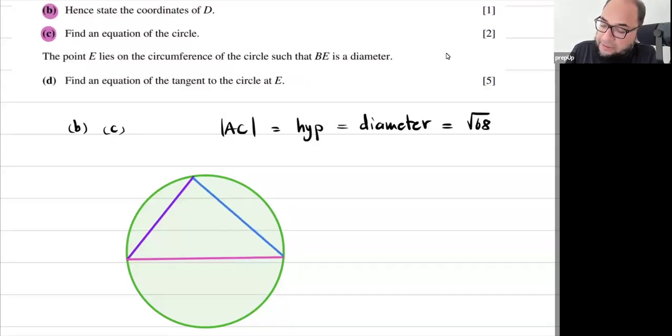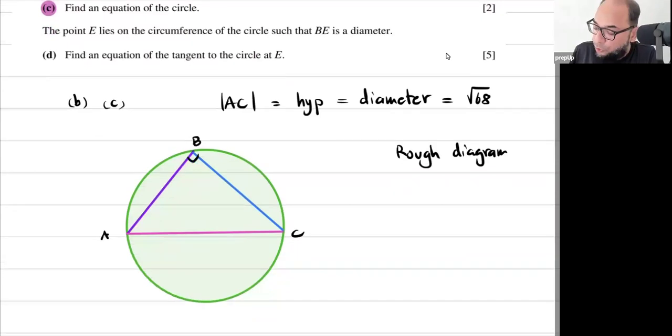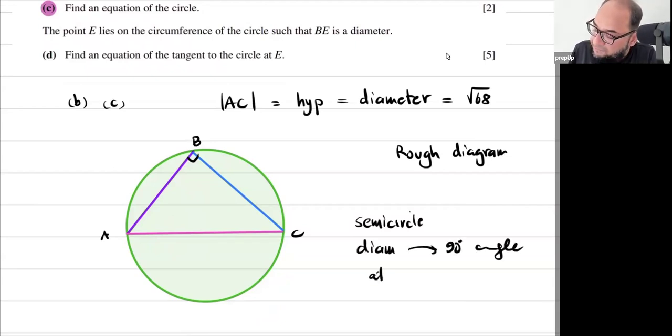Okay, so this is just a rough diagram. This is A, this is C, this is B, this is 90. The property is semicircle, diameter produces a 90-degree angle at the circumference.